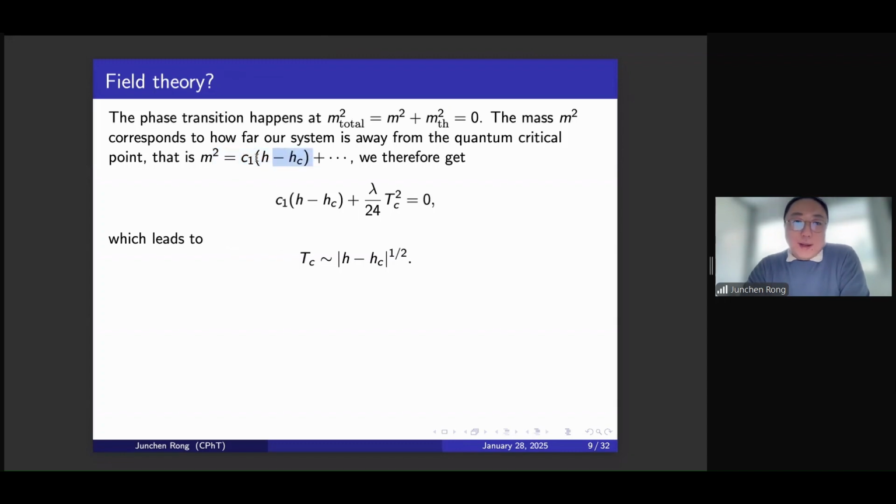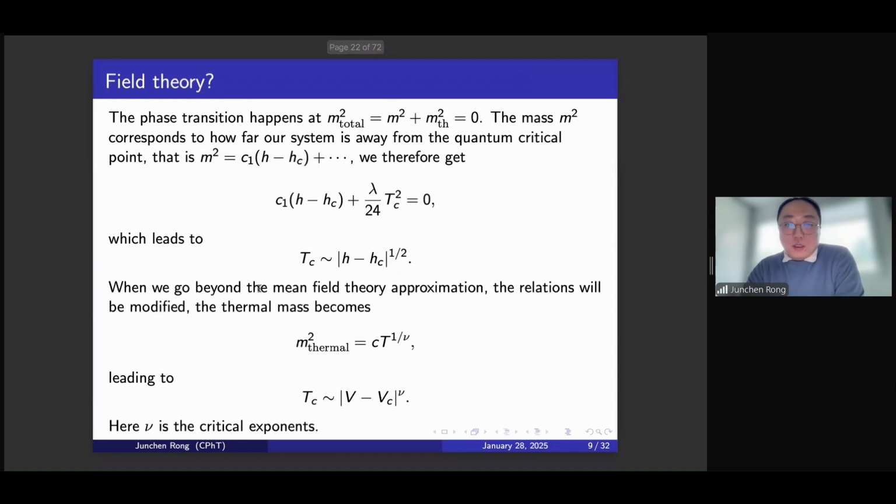It's some physical parameter, and we are doing a Taylor expansion around the critical point. We need the total mass to be equal to 0: we have one piece given by the change of the physical parameter, and another piece given by the thermal fluctuations. They have to add up to 0. Then you get Tc proportional to (h minus h bar) to the 1/2. This is the 4D calculation.